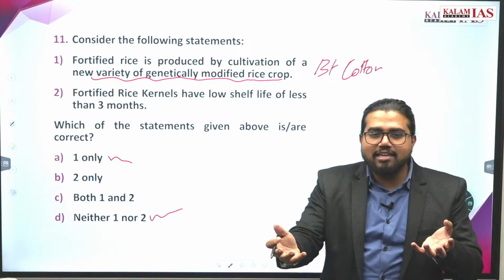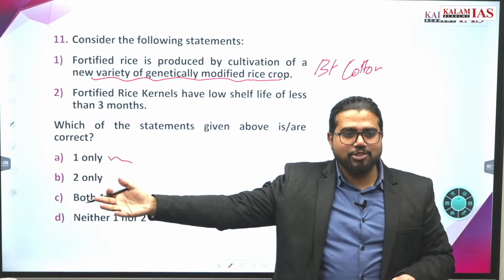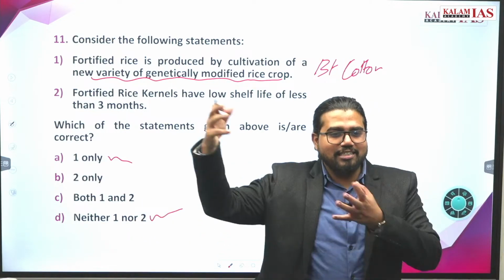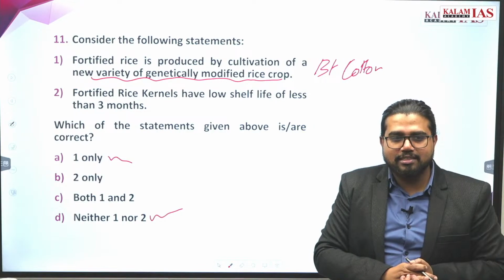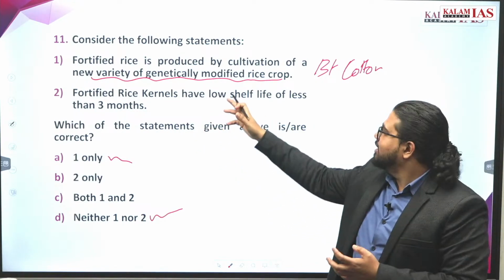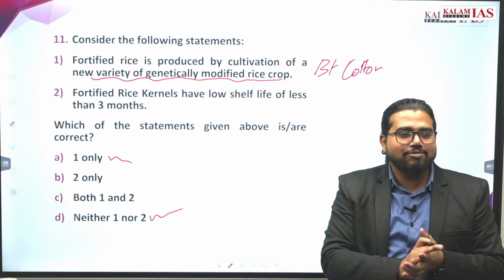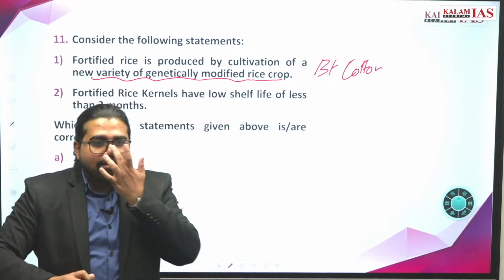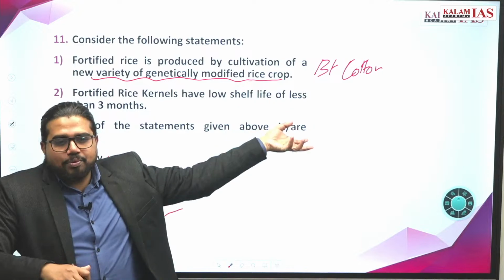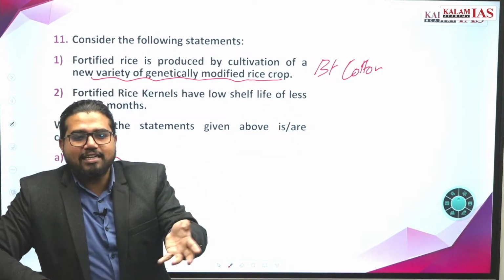Even BT brinjal introduction was stopped by the Supreme Court. Even that we are not able to introduce. Genetically modified food crops are still very difficult in India. Other countries are using it, but in India introduction is being stopped by Supreme Court cases, some kind of activism.